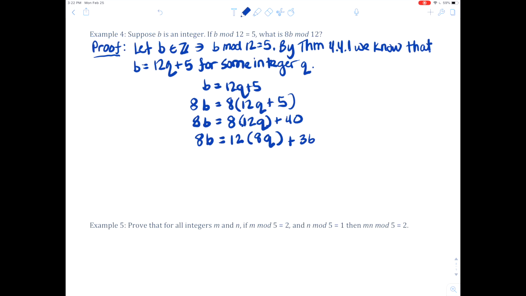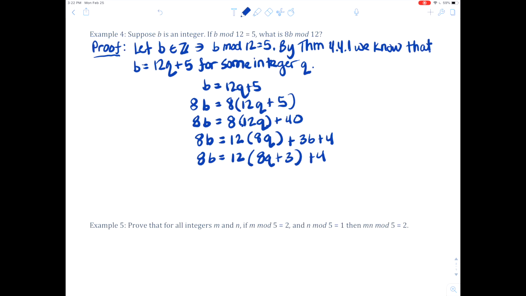So couldn't I write 40 as 36 plus 4? So now, factoring out a 12 from the first two terms, I would have 12 times 8q plus 3, and then plus 4.